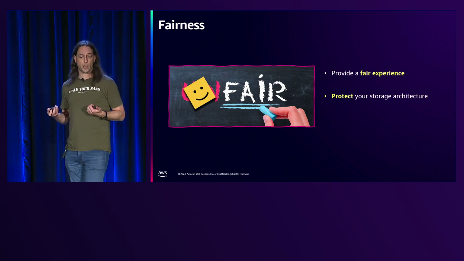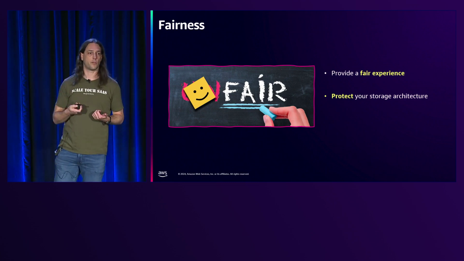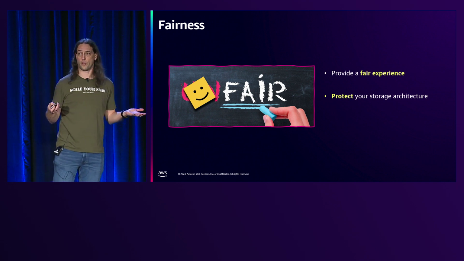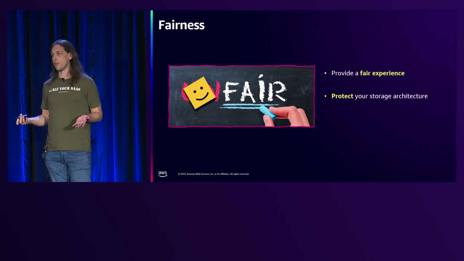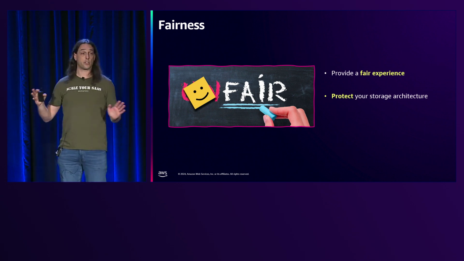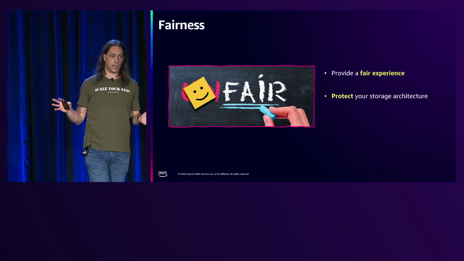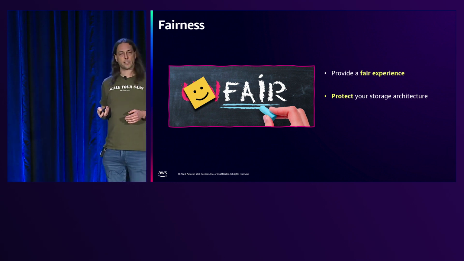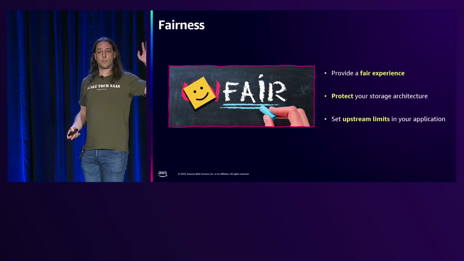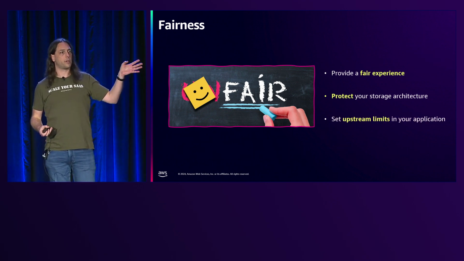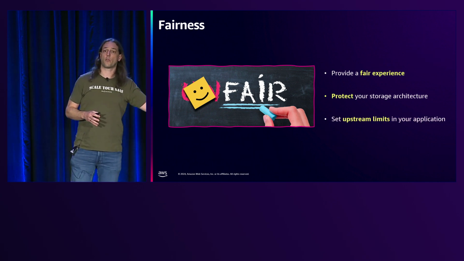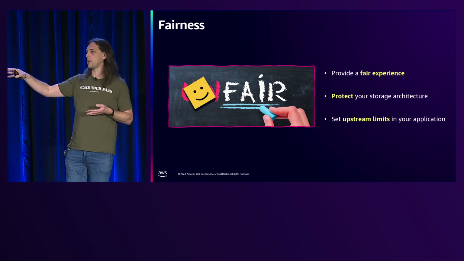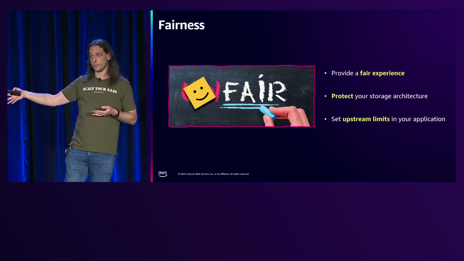So we need to think about mechanisms to implement this fairness. And this can be quite a complex rabbit hole to go down. There are lots of ways of doing fairness, and we're not going to dive into a lot of them today because it's never ending. But a good place to start is rate limiting upstream in the application, because you can set a limit on the number of requests that come into your application, and consequently that's a limit on the number of requests coming into your storage.